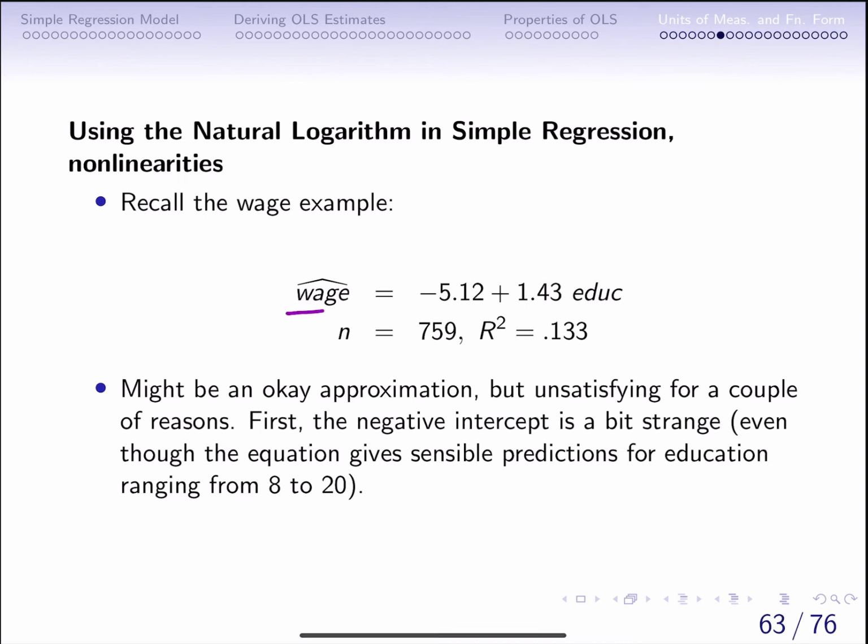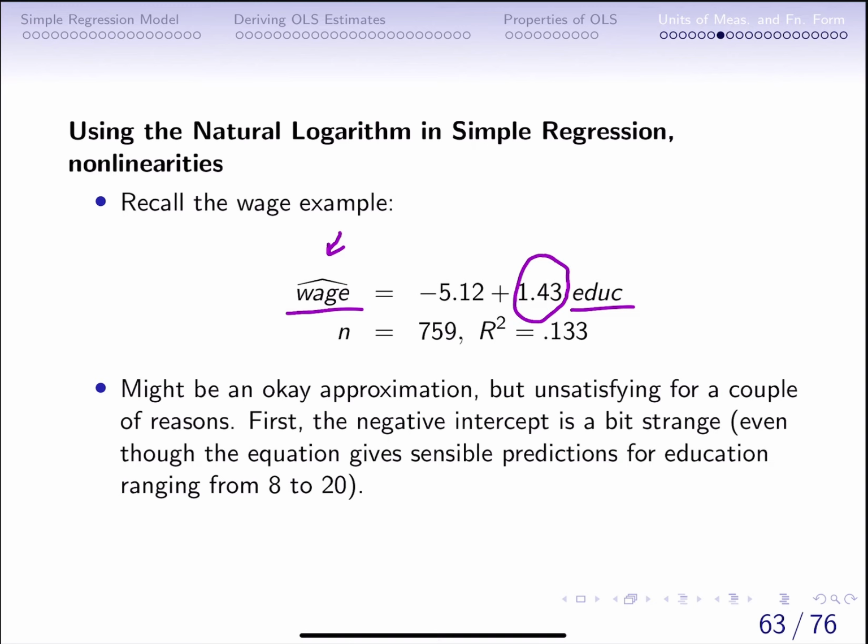Okay, so let's take a look at the example we were running with before, which said that wage is a function of education, right? So this was hourly wage data that was observed, and this coefficient right here was basically saying that for each additional year of education, the return is $1.43.